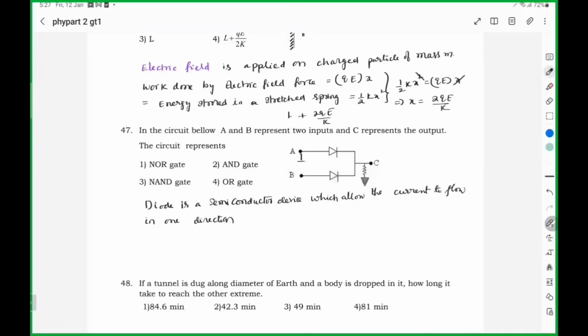So when electric field is applied, so here it is forward biased and this is reverse biased. So current flows in only one direction, which implies here A is equal to C.